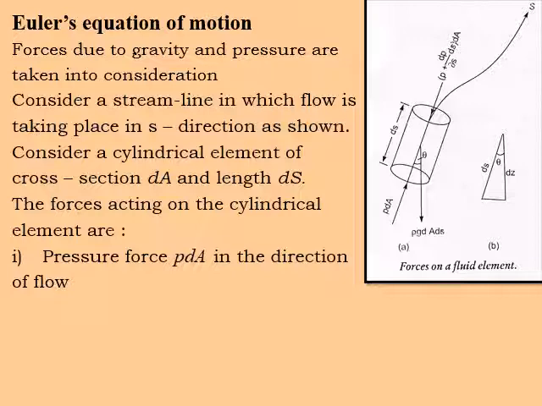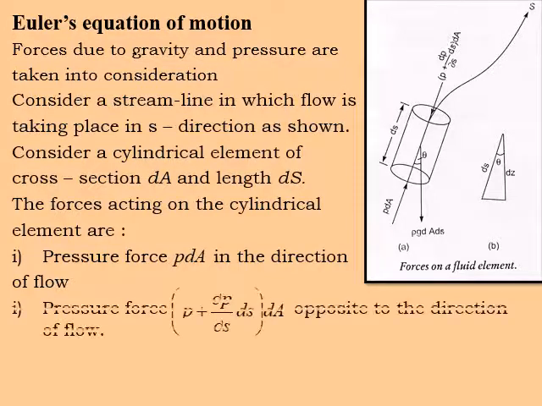So the pressure force is equal to the intensity of pressure into the cross-sectional area, that is P into d of a, in the direction of flow. The second one is the pressure force acting opposite to the direction of the fluid flow.